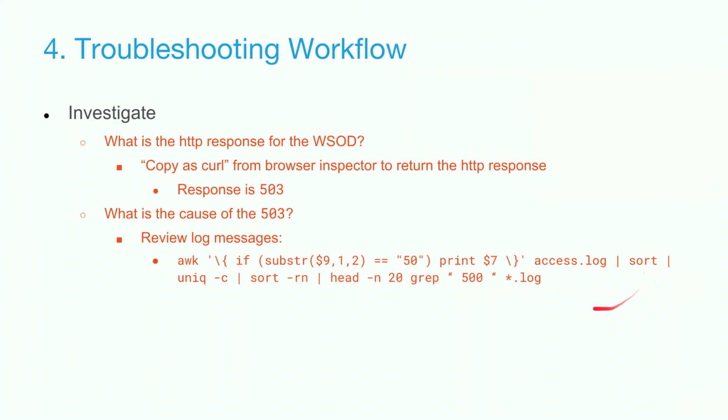We sort it, we count things, we sort it again, and then we get the first 20 lines. A little bit complicated, but these are the types of commands that you can find just by searching on the internet, or even, shameless plug, our own Acquia knowledge base has such things that you can modify for your own uses.